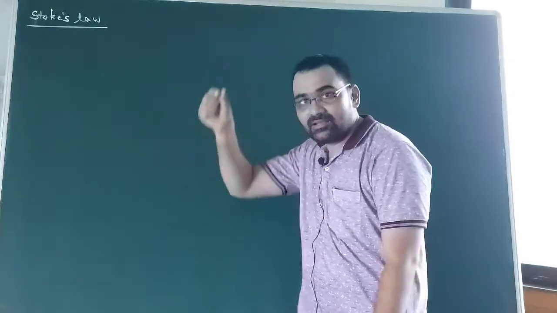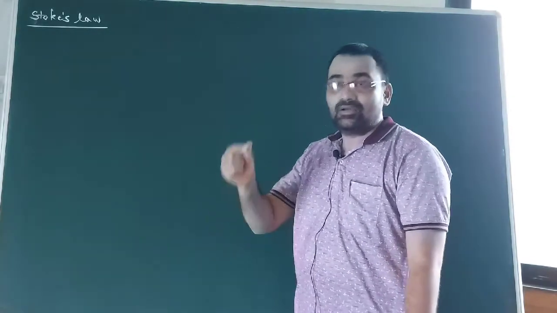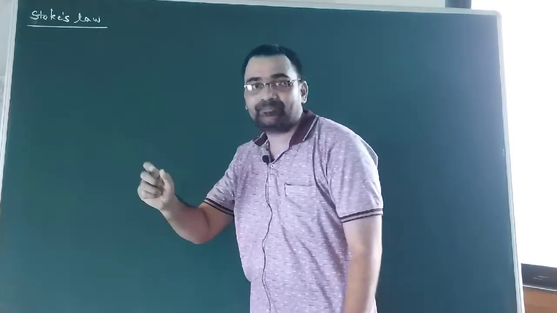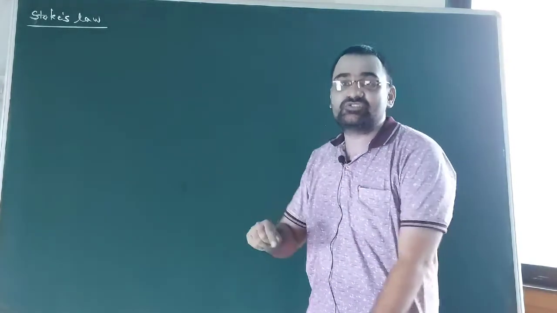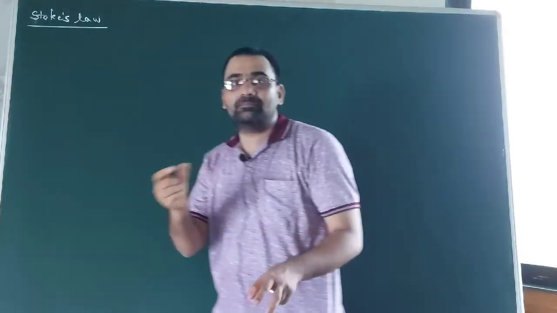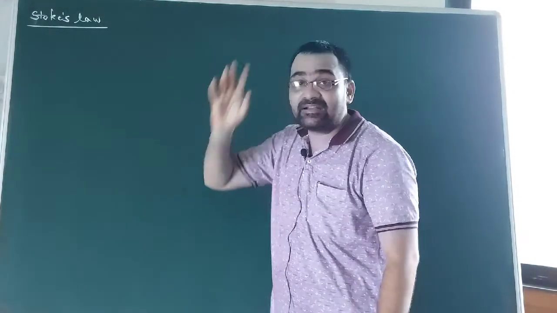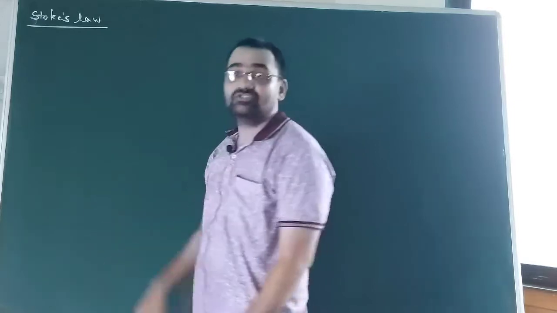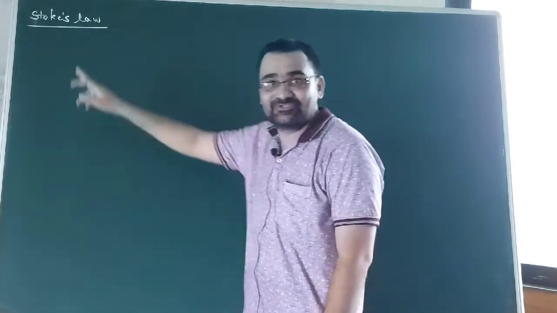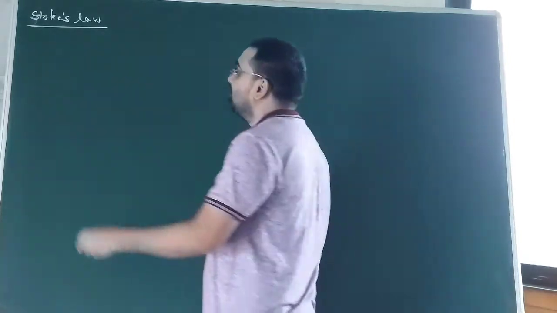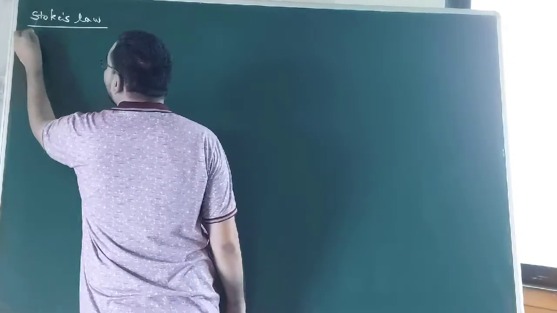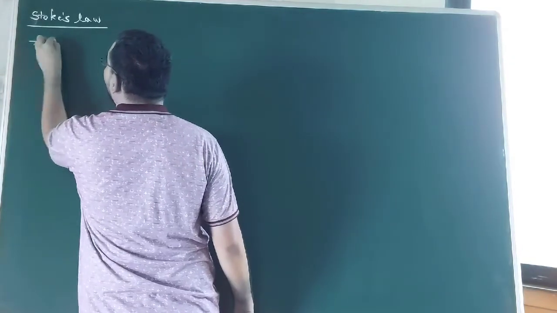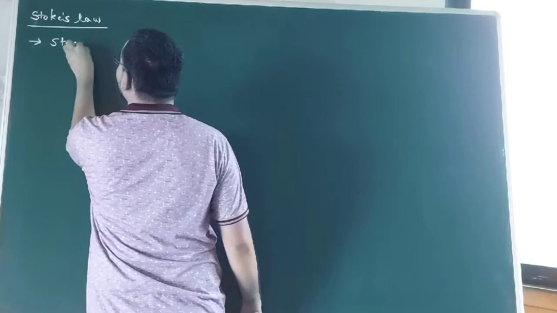When it is falling through dense air, it is acted upon by a force, and because of that force it becomes spherical. So what forces are acting? That force depends upon several factors, as given by Sir Stokes. Again, an important thing is that it is also valid for streamline flow.